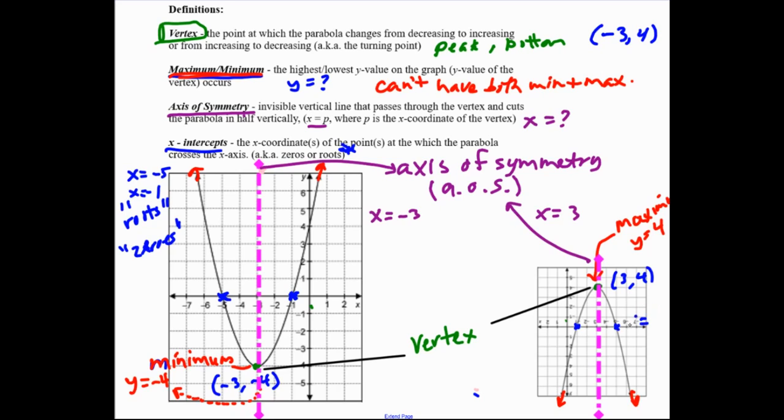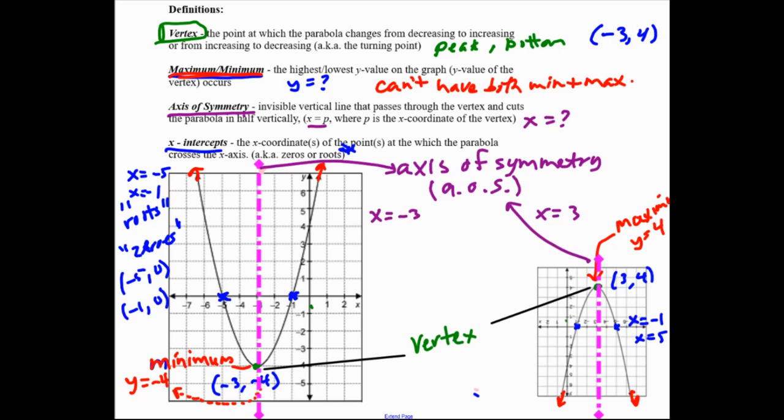So x equals -1, x equals 5 in this case, and that's acceptable. You can also say that the x-intercepts are -5 and 0, and -1 and 0. So you can put it as a coordinate, or you can put it as an equation, like x equals. Hopefully that makes some sense.